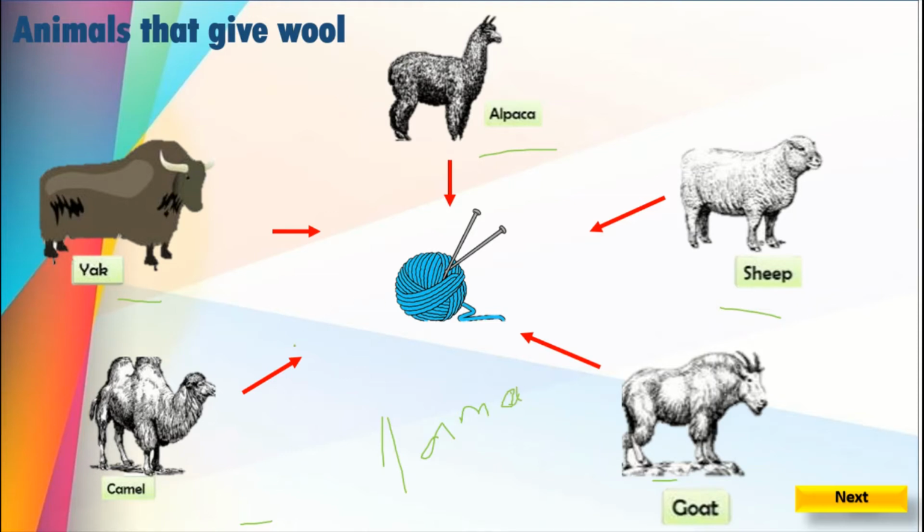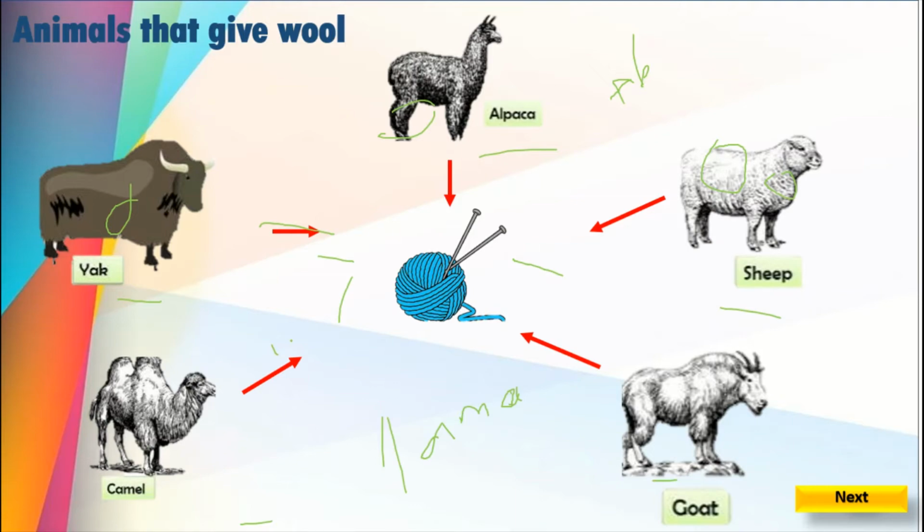These animals give wool, from their fleece. From now onwards I will say fleece, I will say hair also. Fleece here means nothing but hair, H-A-I-R. The fleece of these animals is taken and processed to make wool.